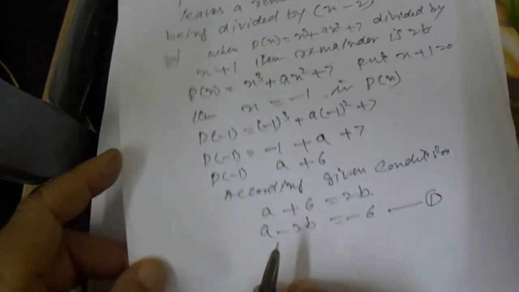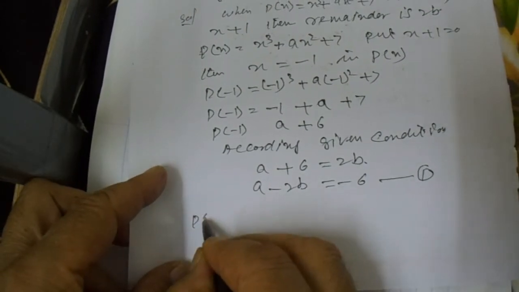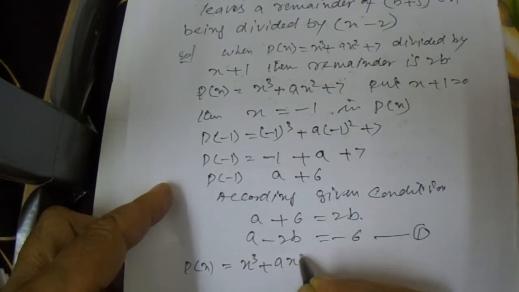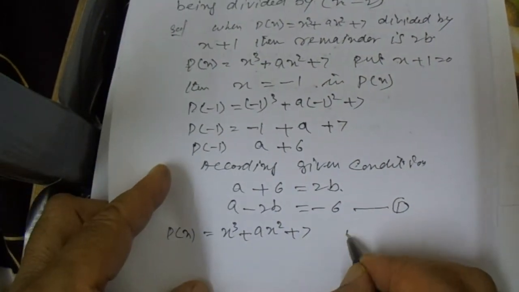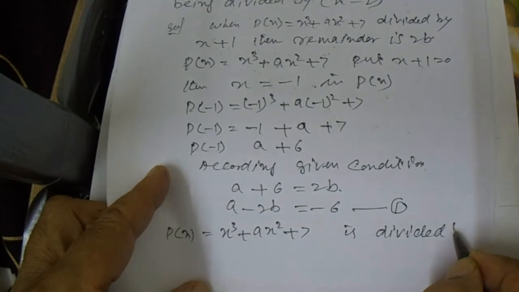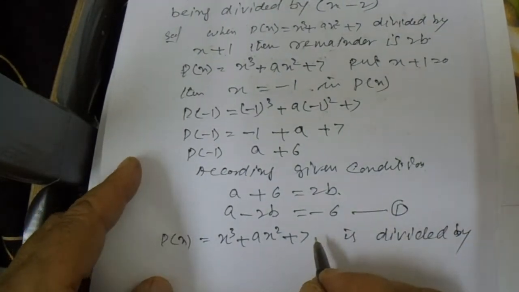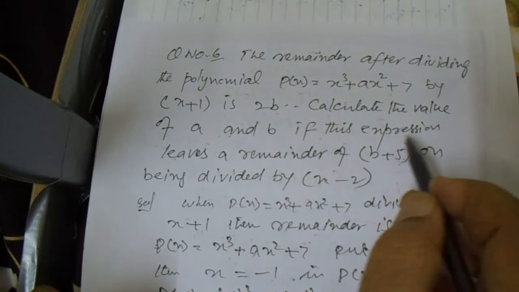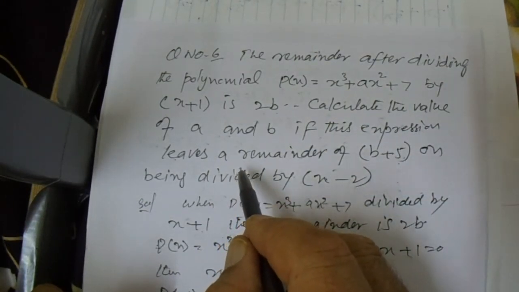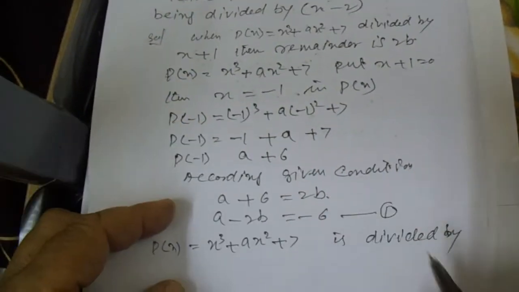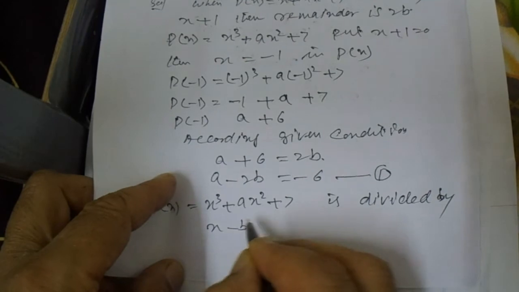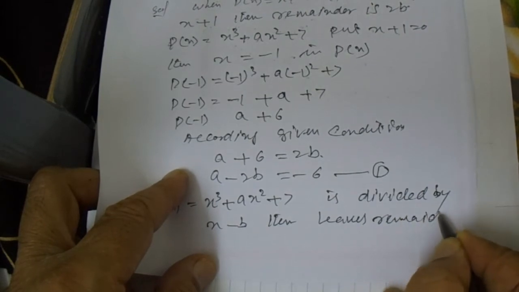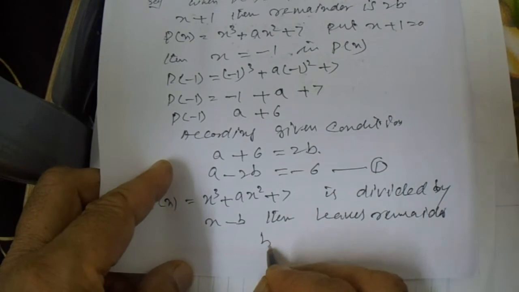Now again, P(x) = x³ + ax² + 7 is divided by x − 2, then it leaves remainder b + 5.